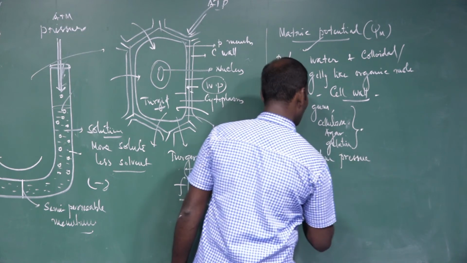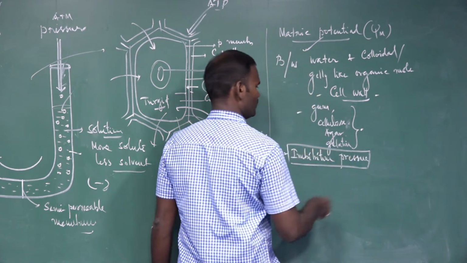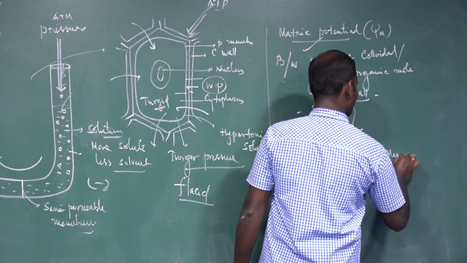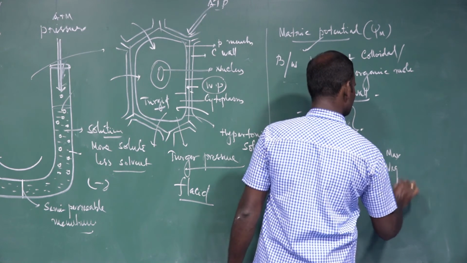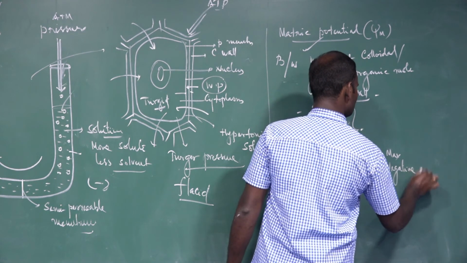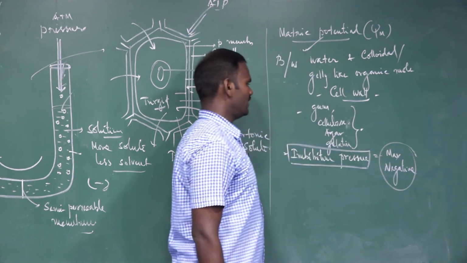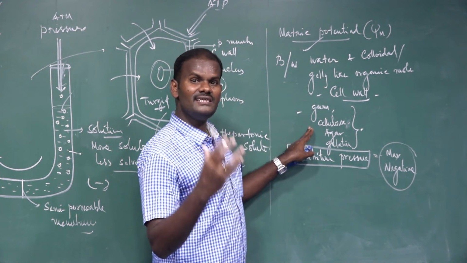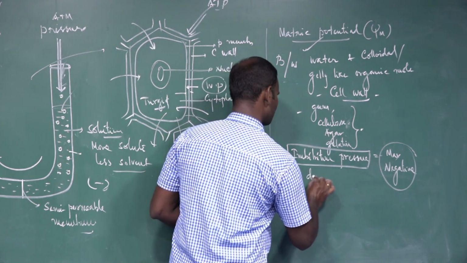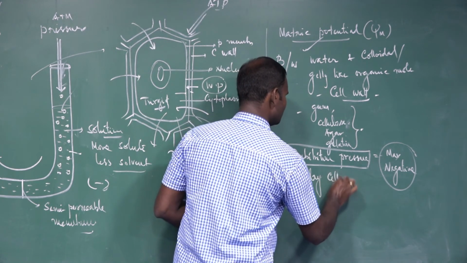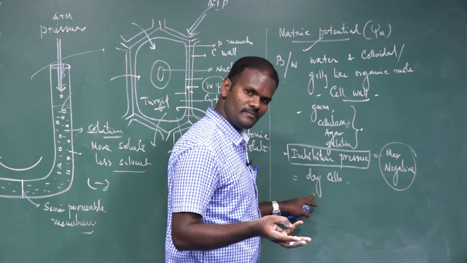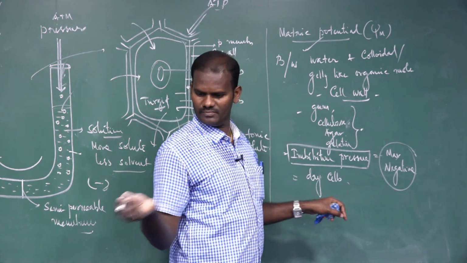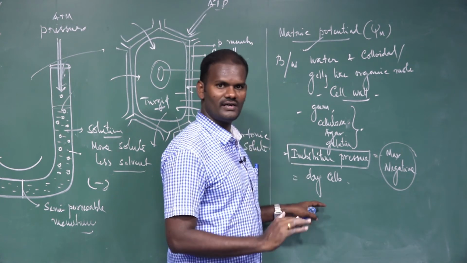The value of imbibition pressure is maximum negative. It is present and applicable only in dry cells, when dry wood or dry seeds or dry wooden materials are placed under water.